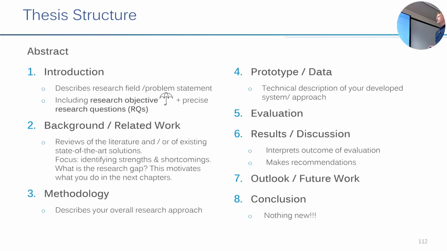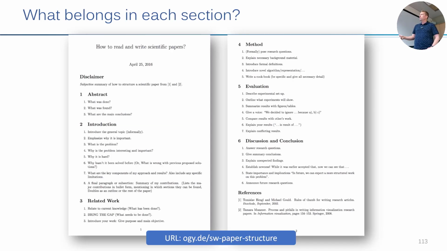I'm not going to cover this in detail right now. You are familiar, of course, your thesis also follows the structure that we mentioned for research papers. But if you are unsure, and for certain subsections I can understand that, about what goes where, we provide you with a couple of resources that make that very clear, from an overview of 1 page to a more elaborate overview of 2 pages.